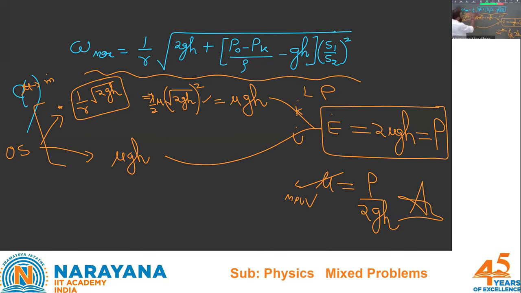And I knew the value of omega. Out of all these maximas possible, I have chosen the least. That least value I got as root 2gh upon R. The reason was obvious. As an engineer, I never wanted to maximize my productivity in terms of energy per unit time by wasting or supplying any excess kinetic energy.